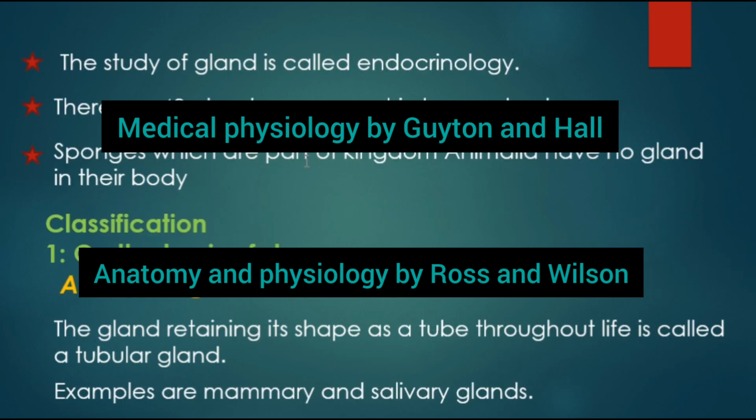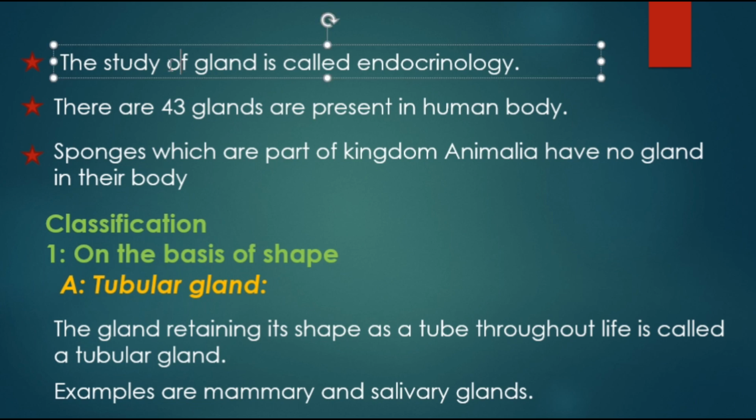Now let us talk some more about the glands. The study of glands is called endocrinology. Basically, endocrinology is the study of endocrine glands. What an endocrine gland is, we will discuss in the classification of glands, but here we will shortly define it.